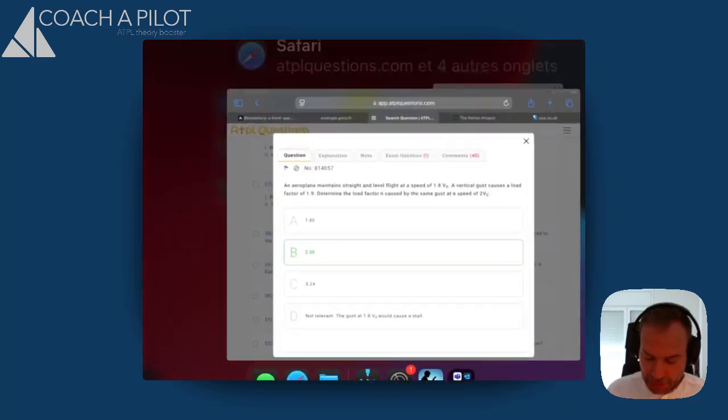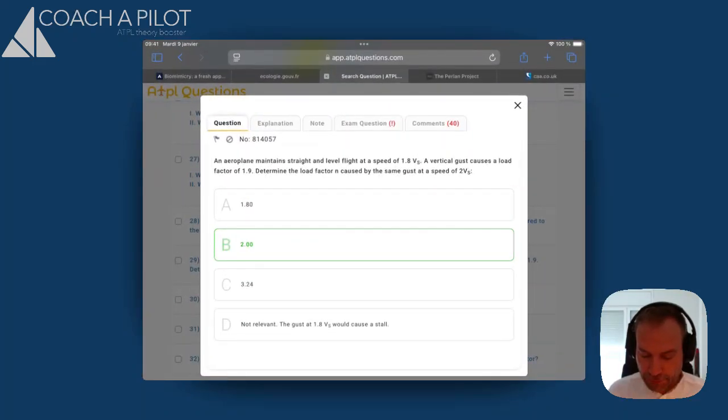The question says that we are flying at 1.8 Vstall and we experience a vertical gust that causes a load factor of 1.9. Assuming that we were flying straight and level, initially the load factor was 1. So we have just an increase of 0.9 that corresponds to this gust experienced at a speed of 1.8 Vstall.